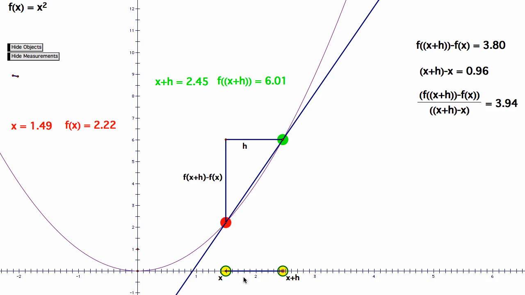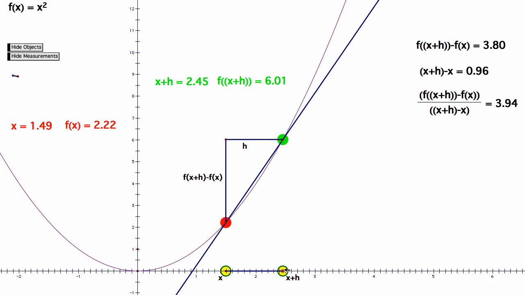Also, if I define this distance to be h, and if this is x, then it makes sense that this yellow ball is x plus h, giving us a distance of h. So really, the slope of this line, no matter where this line exists, is simply going to be the rise, which is this guy, divided by this guy.